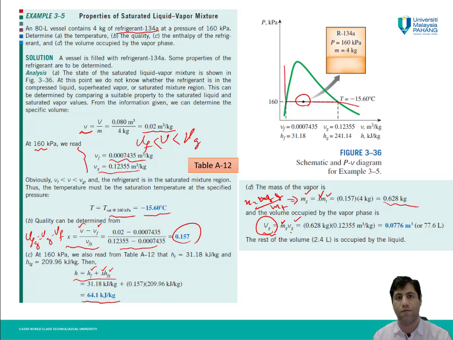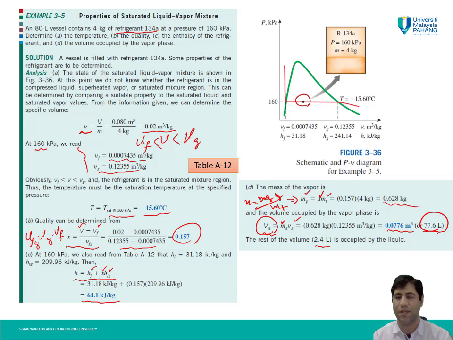We have the specific volume for saturated vapor, Vg, and also the mass of the vapor, mg. By multiplying these two, we can find the volume of the vapor of the refrigerant in this vessel, which is 77.6 liter.